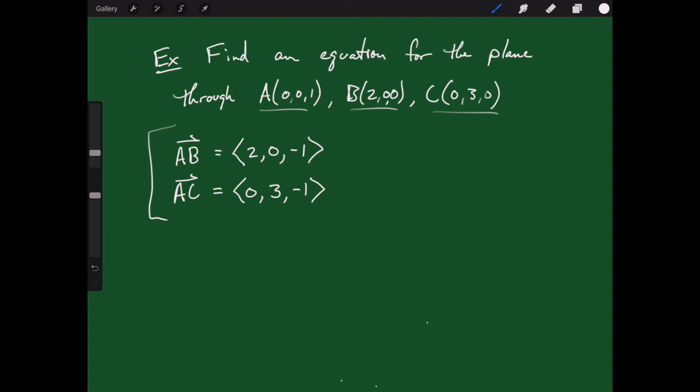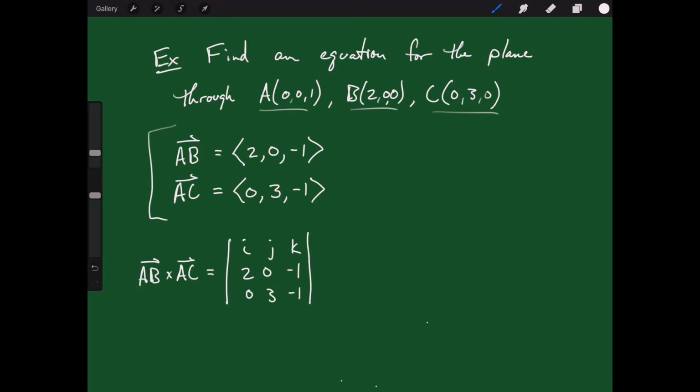Well, the way that I find a vector that's perpendicular to two other vectors is I cross those two vectors together. So let's find the cross product of AB cross AC. The way that I find a cross product is I take the determinant of the matrix with rows i, j, k; 2, 0, minus 1; 0, 3, minus 1.